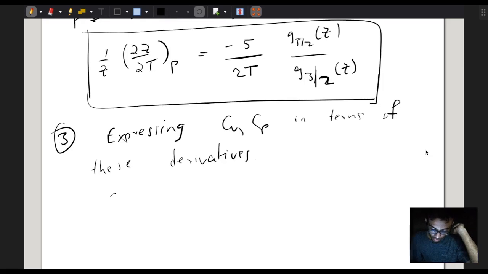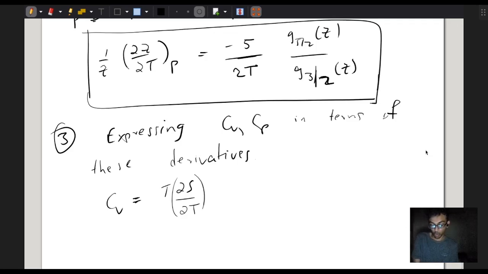So just from the definition, we can see that CV is T dou S by dou T at constant volume.